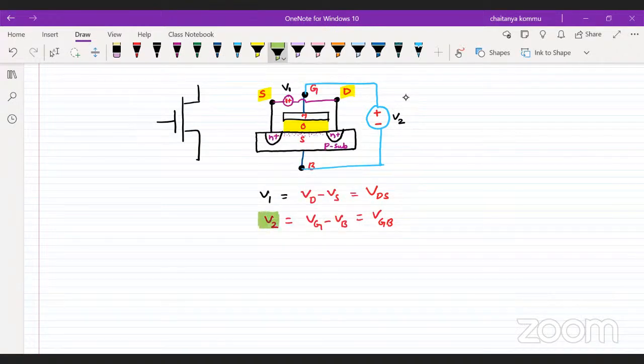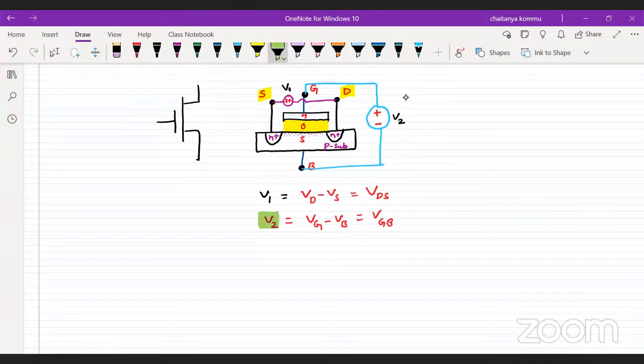Generally, if you observe in this diagram, the source is at a negative potential and the body is also at a negative potential. Instead of taking two negative terminals, we can connect the negative terminal of the supply at the same place.